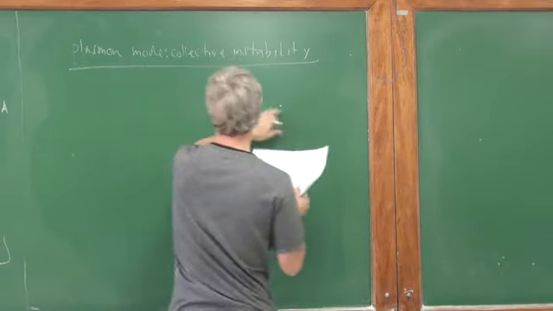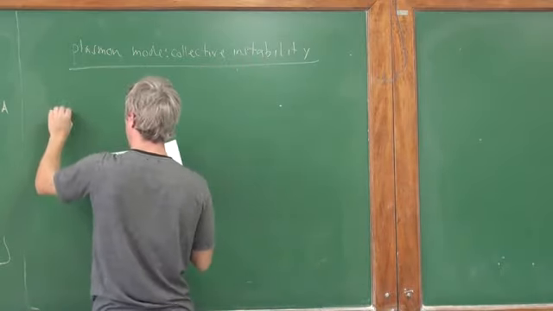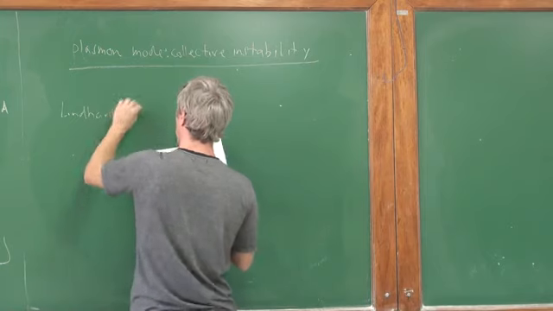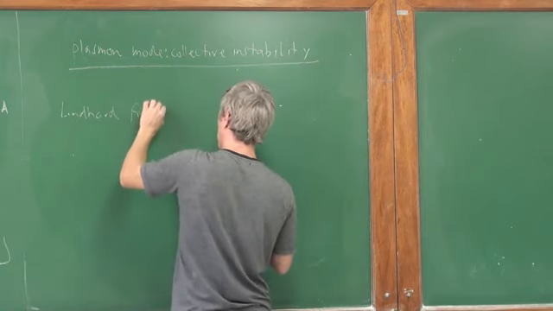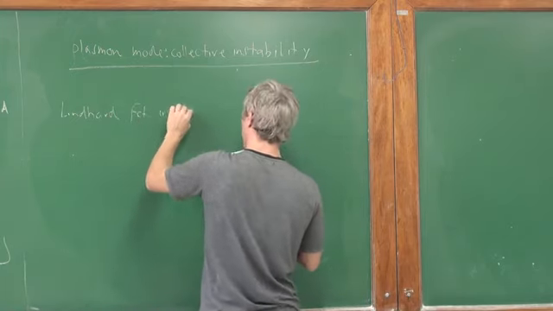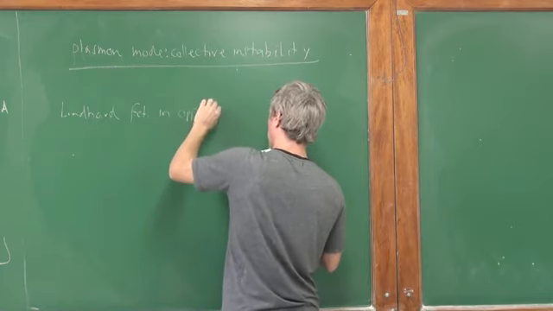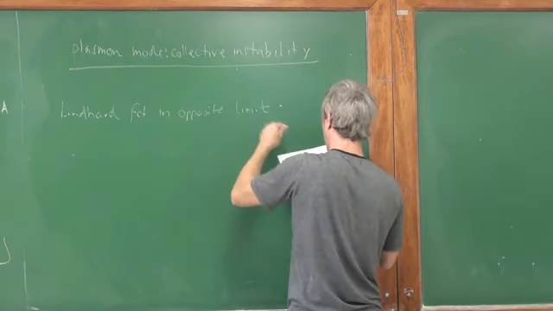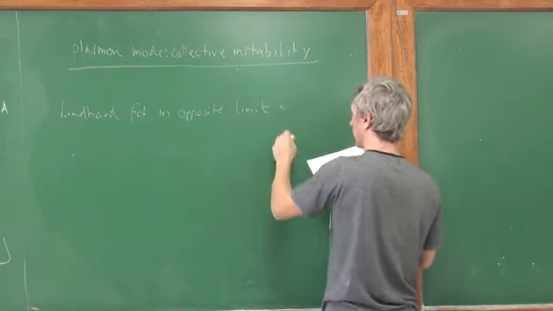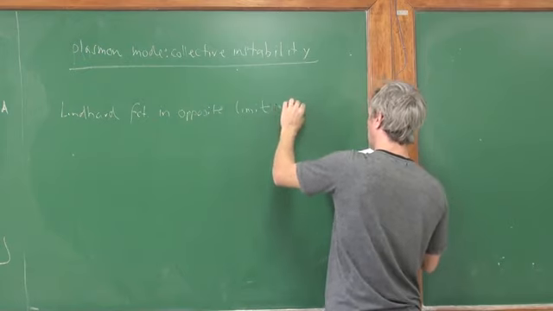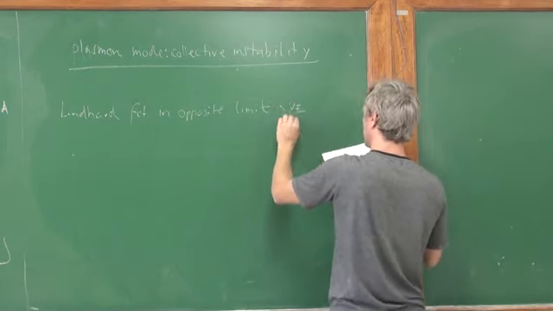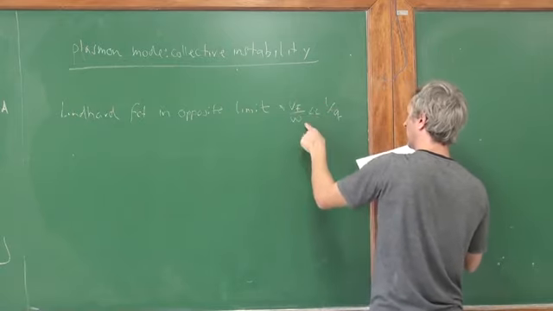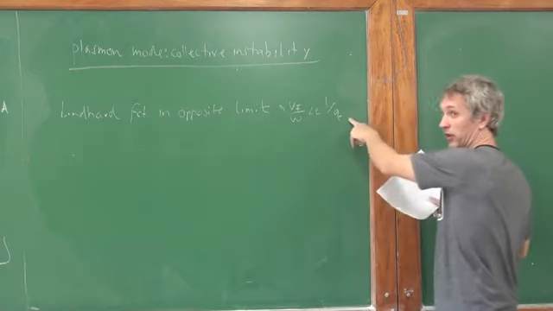Okay, and this just has to do with evaluating the Lindhard function, again in 3D, in the opposite limit, where now we look not at very small frequencies or long times, but at large frequencies or short times. And short here compares to 1 over vF q. Okay.